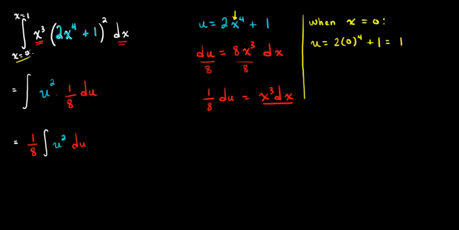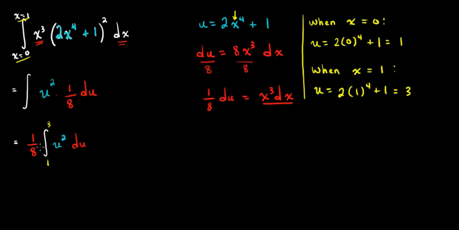So when x is 0, u is 1. So I'll put the 1 right here as my lower limit. I do the exact same thing for my upper limit. When x equals 1, coming from my upper limit, what does u equal? Well, we simply plug that into our u function, so we'll have 2 times 1 to the fourth plus 1, which is equal to 3, so we'll put a 3 here.